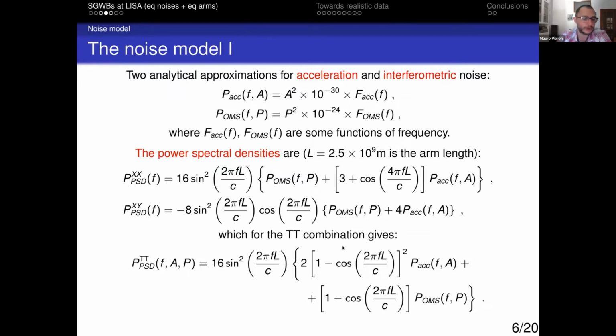On the other hand, if I compute analogously how these two components propagate into the other TDI variable, I see that there are some different contributions here. And as I will show in a moment, these are going to modify the ratios between the acceleration and OMS noise levels in this TDI variable.